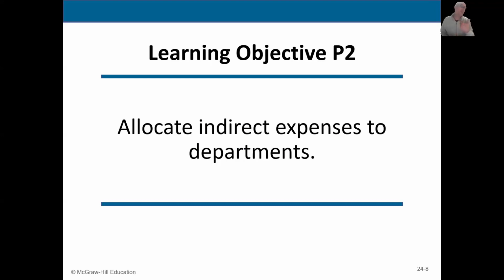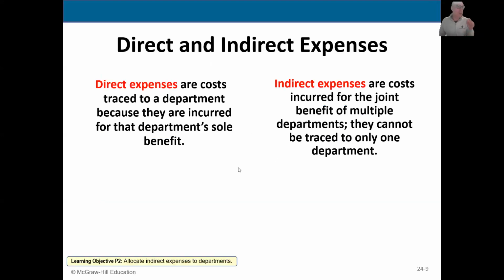Indirect costs are costs that we cannot directly trace to the product. I'm sure you remember the conversation a few weeks ago, so I'll cut you a little slack, but you should remember that conversation. So let's take a look at how these direct and indirect costs are tracked to the departments. We know how they're tracked to products, but how are they tracked to departments?